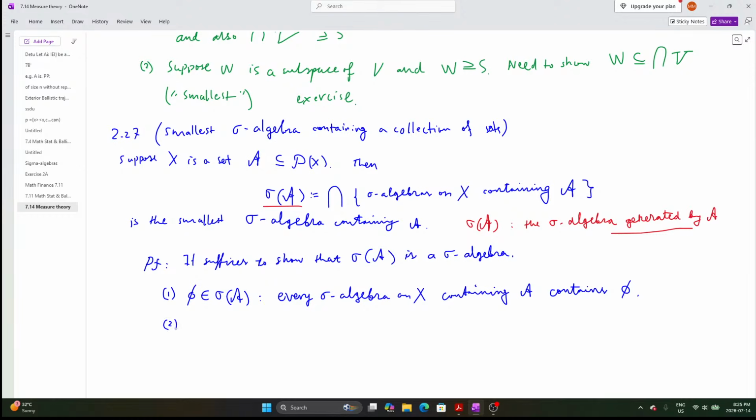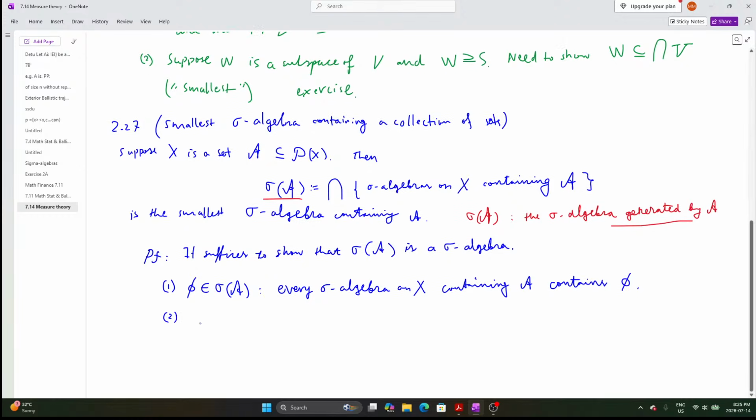Two, we need to prove closure under complementation.